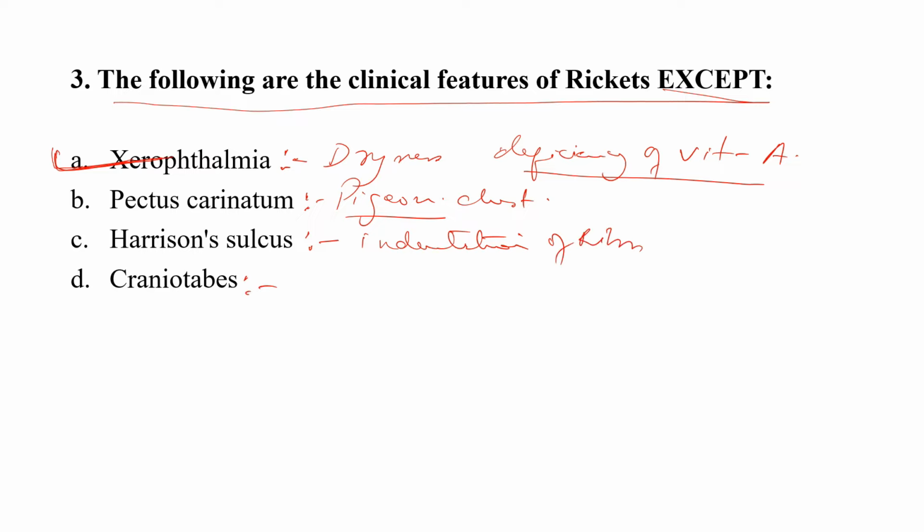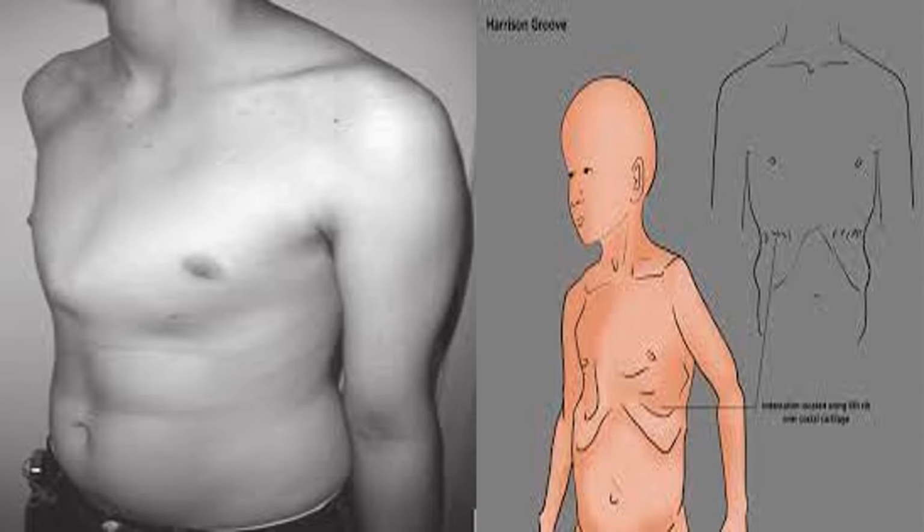And craniotabes is the softening of skull bones. These three are all the clinical features of rickets. And this is what pigeon chest looks like, also called pectus carinatum, and this is Harrison's sulcus, indentation of the ribs.